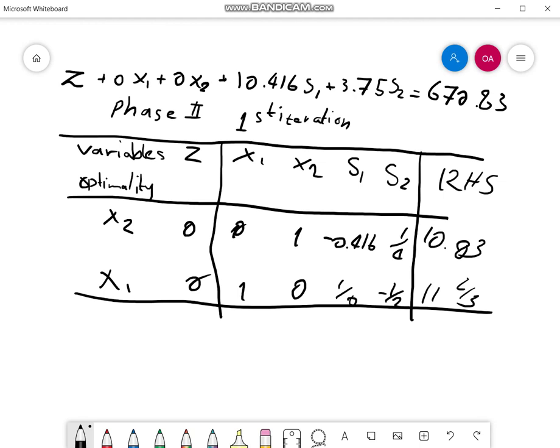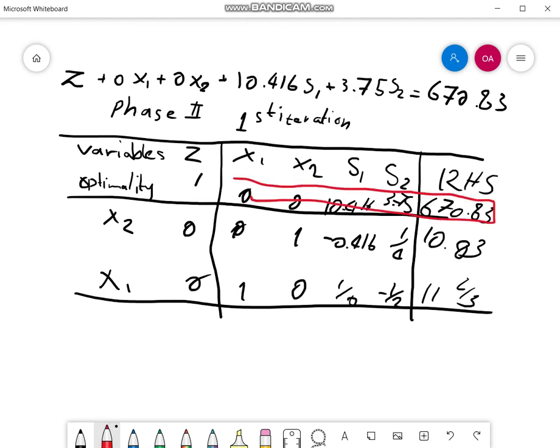I'm going to write the optimality row as 1, 0, 0, 10.416, 3.75, 670.83. Since all of the variables in the optimality row are more or equal to 0, my solution is optimal.